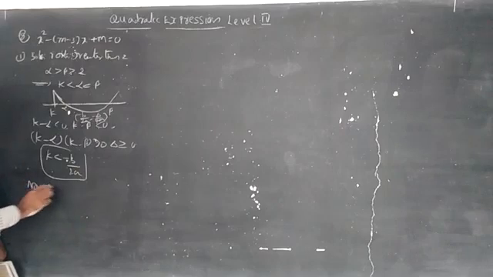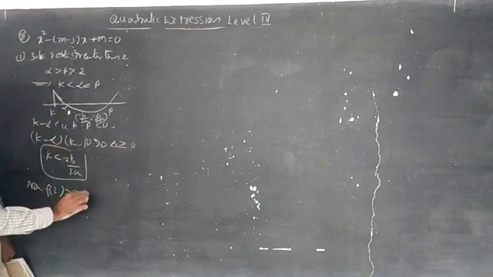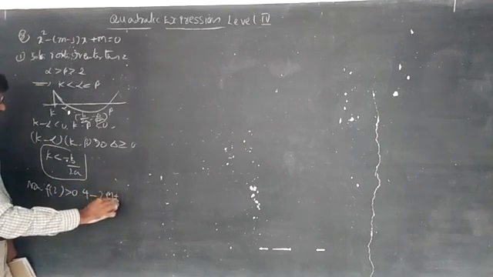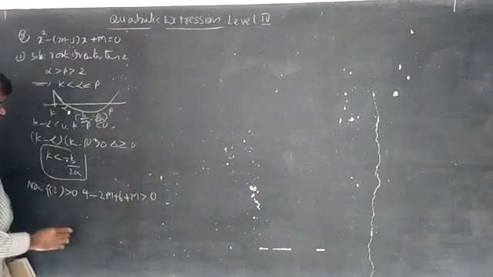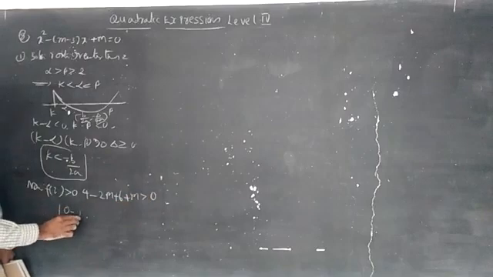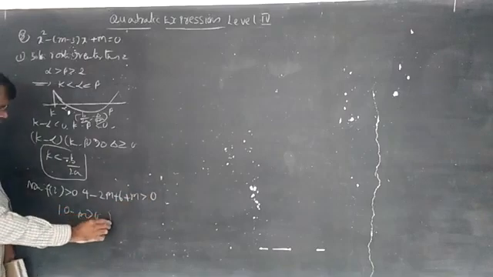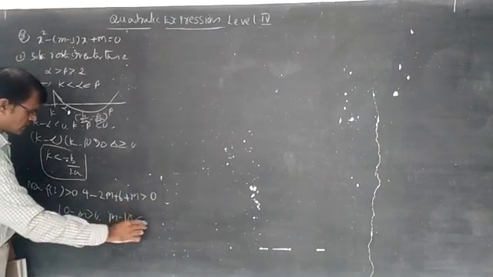Now we can write f of 2 greater than 0. Substitute here: 4 minus 2m plus 6 plus m greater than 0. So 10 minus m greater than 0. So m minus 10 less than 0.